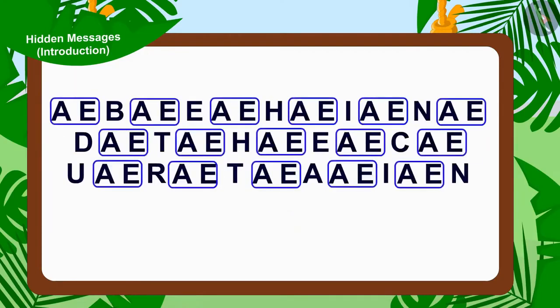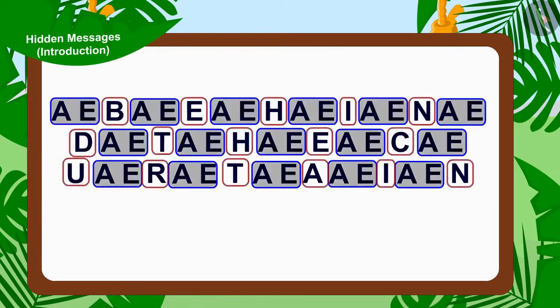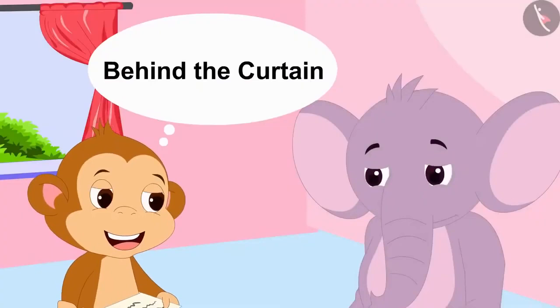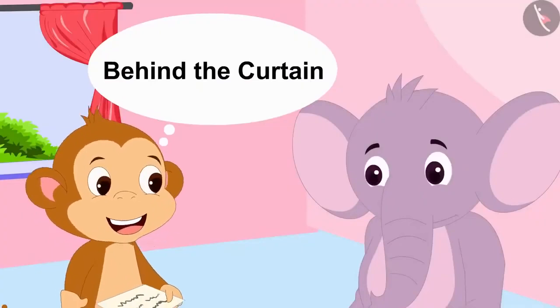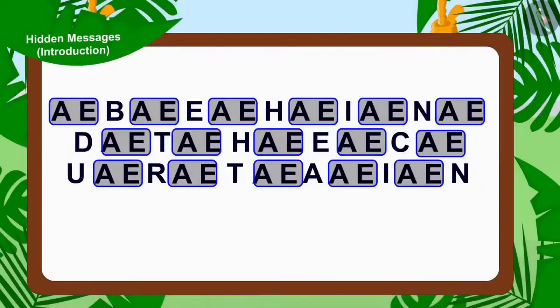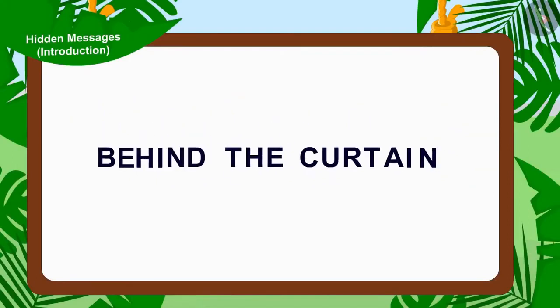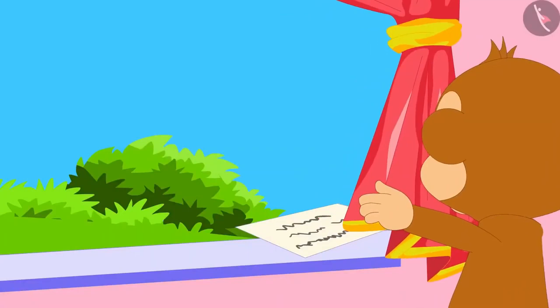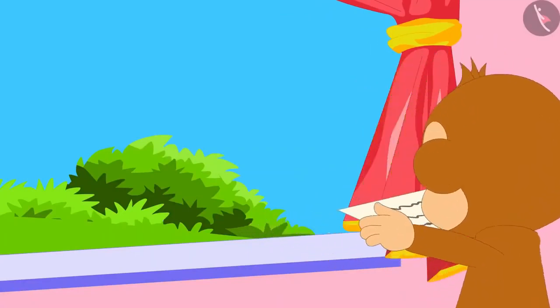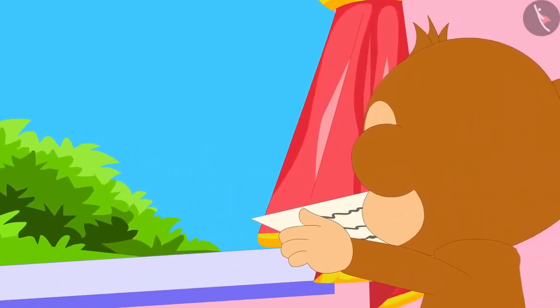Appu's letter also has a hidden message between the alphabets. Babban too, like us, understood the message hidden in between the alphabets written in Appu's letter and immediately found the second letter hidden behind the curtain of his house.